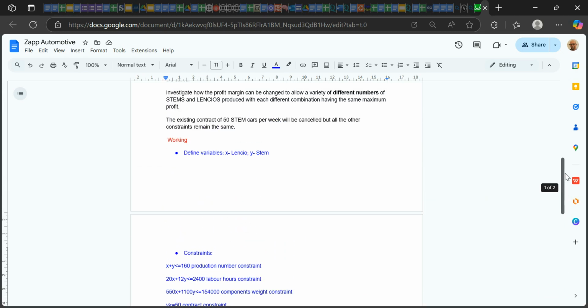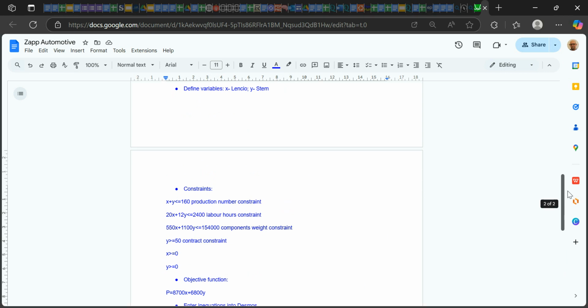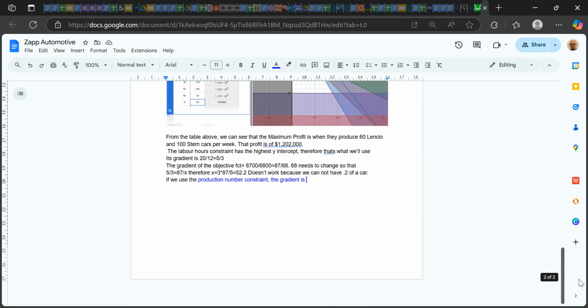No, that's the y-intercept. x plus y equals something, what is the gradient? Minus 1, because if I move the x to the other side, it becomes negative 1. You get that? Negative 1. Cool.